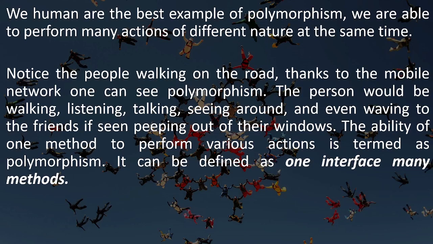And to look at it more closely as far as your codes are concerned, you must have definitely played some type of game on your system or your mobile, and that is a very good example of polymorphism. Many actions are performed simultaneously, but you feel that only one action is going on.